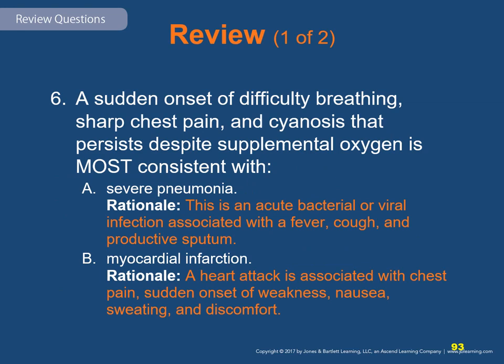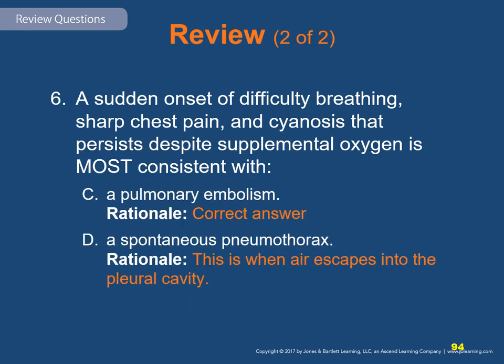Severe pneumonia is an acute bacterial or viral infection associated with fever, cough, and productive sputum. Myocardial infarction, a heart attack, is associated with chest pain, sudden onset of weakness, nausea, sweating, and discomfort. Pulmonary embolism is correct. A spontaneous pneumothorax is when air escapes into the pleural cavity.